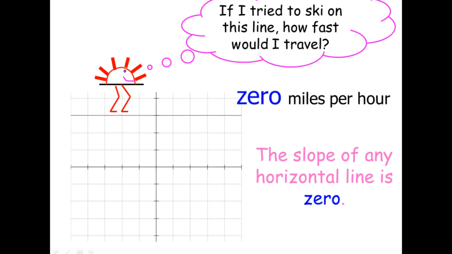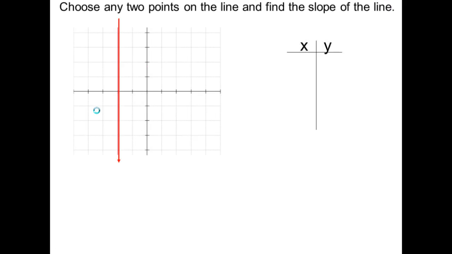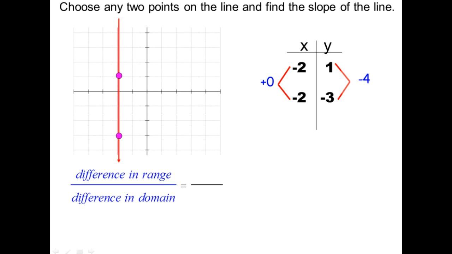Now another type of graph we need to keep in mind is one that is going straight down, a straight vertical line. Alright, if we were to choose any 2 points and we find the change in y and the change in x. Now in math we all know that we cannot divide by a 0.